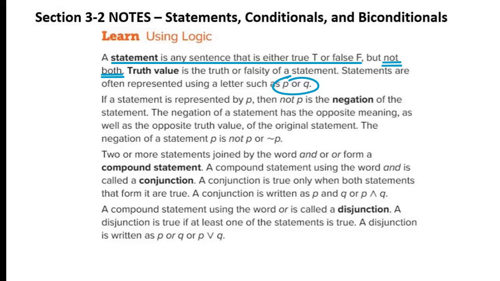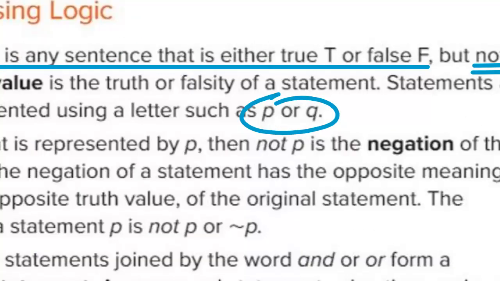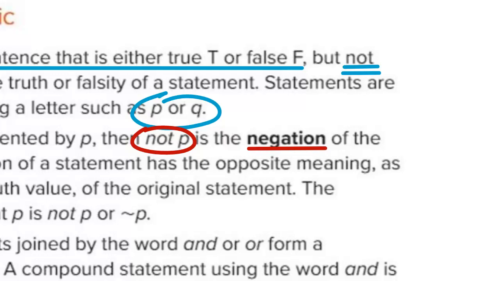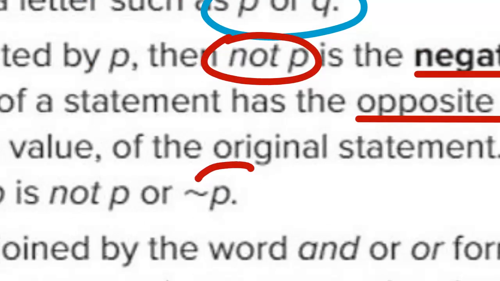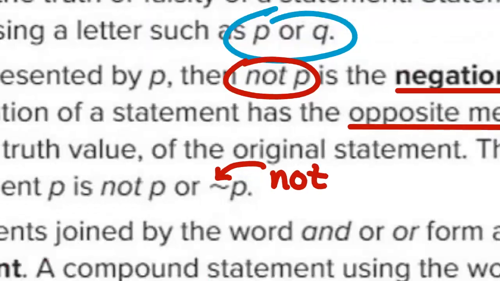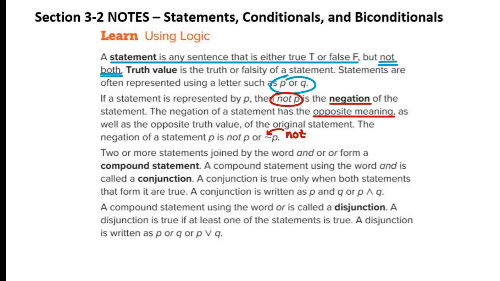If I have a statement represented by P, then not P is the negation, has the opposite meaning. And we use this squiggle right here in front of the name of our statement to mean not.